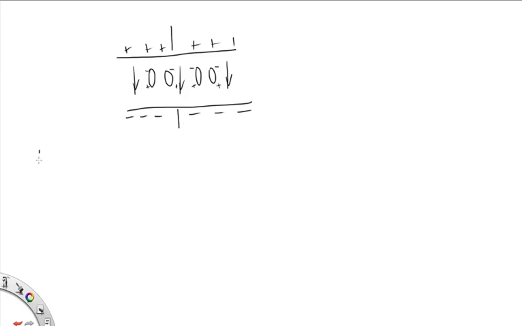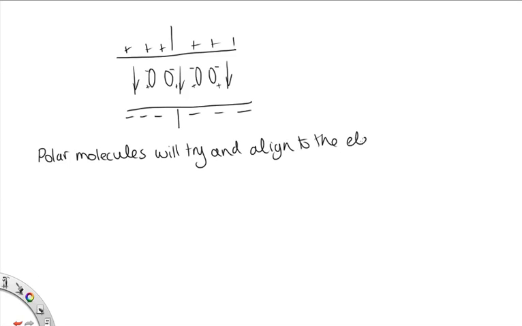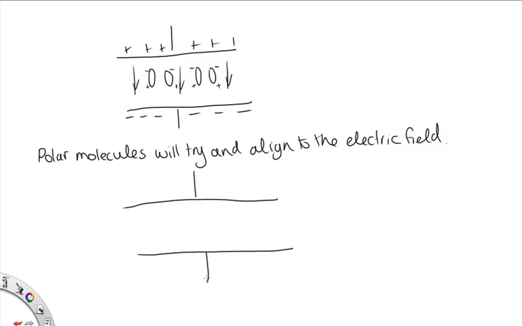So polar molecules will try and align to the electric field. Now let's imagine putting a non-polar material in there, such as polystyrene, which you'll be investigating in the lab.